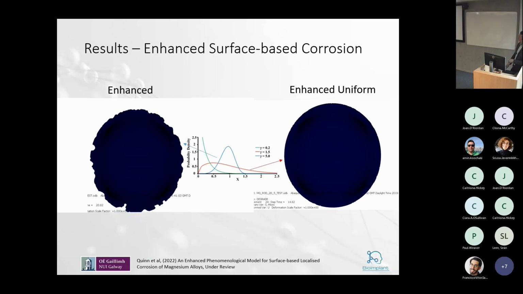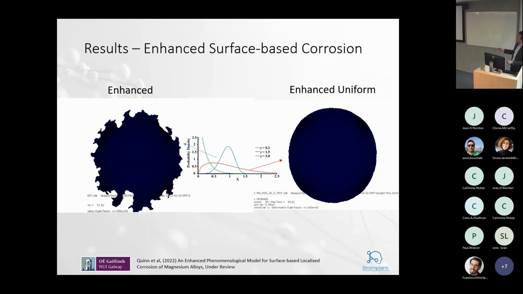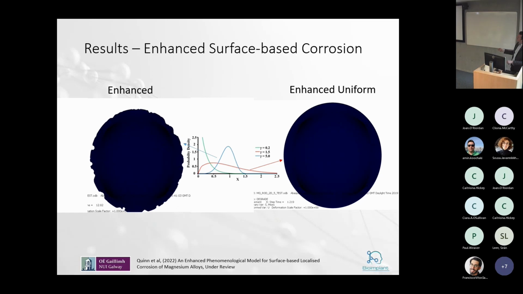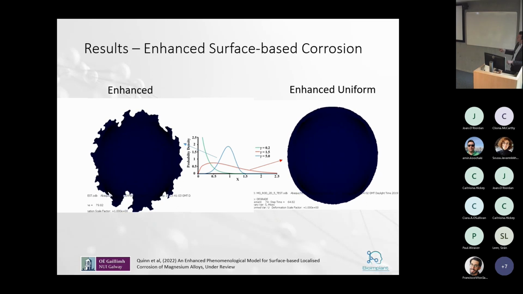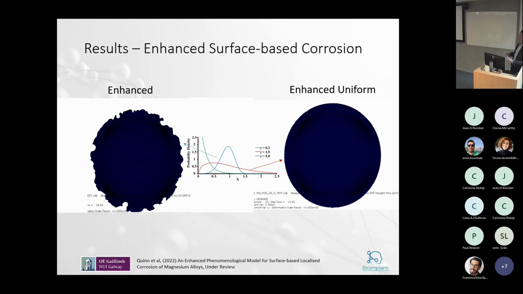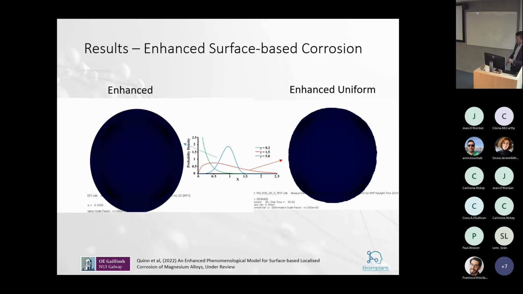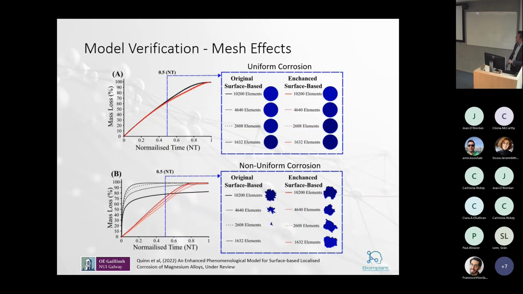And you can also model uniform corrosion. So here, this is a more random distribution, whereas this is a much more uniform distribution, so that you can actually predict anything from highly random to highly uniform to give you whatever type of corrosion that you want to predict on your specimen.